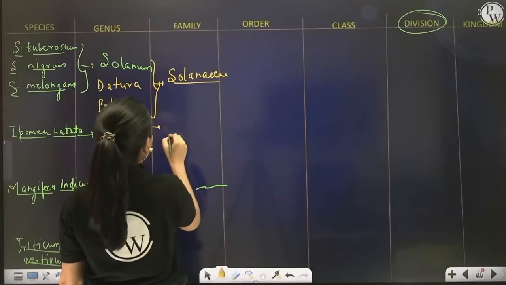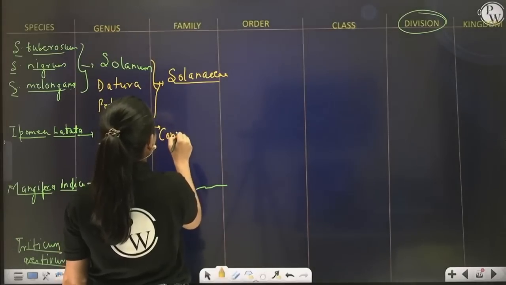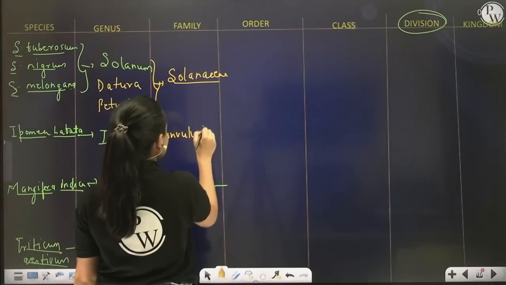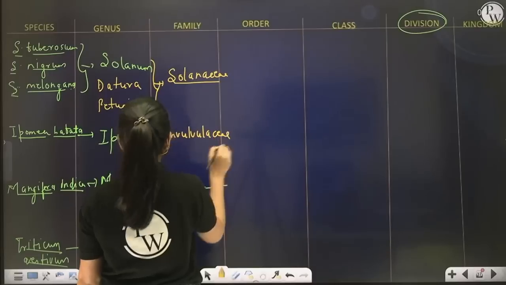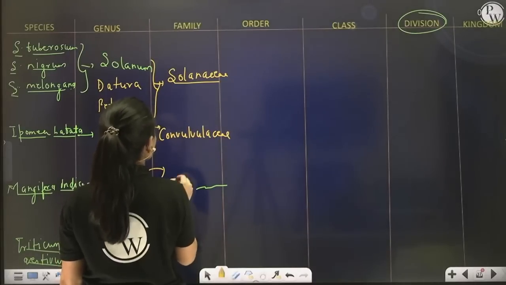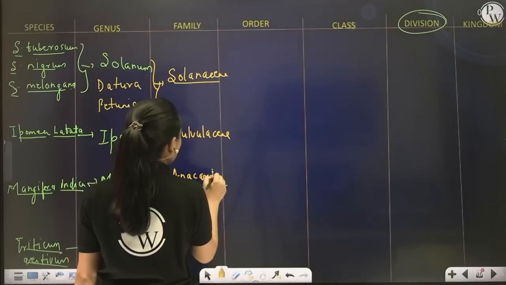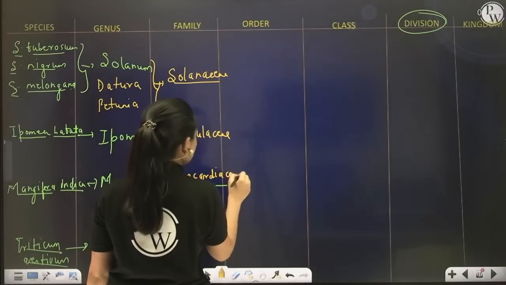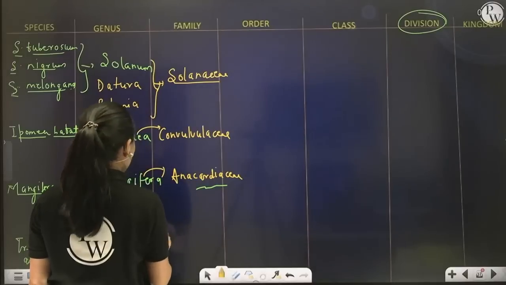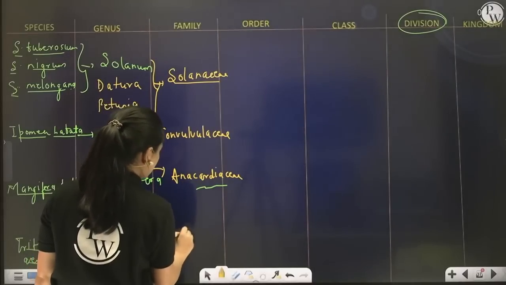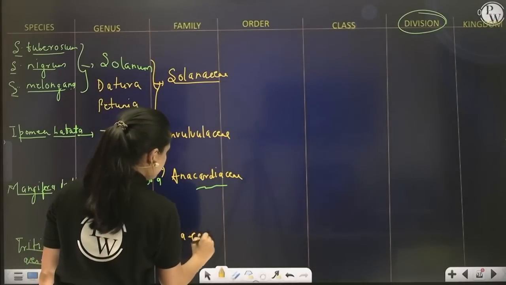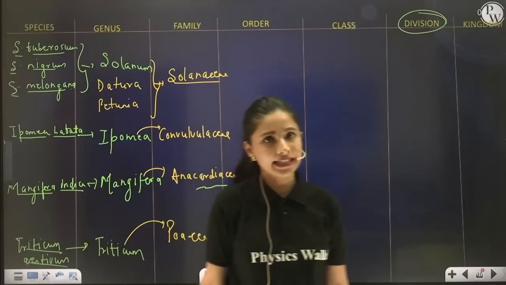Ipomoea belongs to family Convolvulaceae. Mangifera belongs to family Anacardiaceae. But bachcho, you have to remember all these things. And Triticum belongs to family Poaceae. Clear?